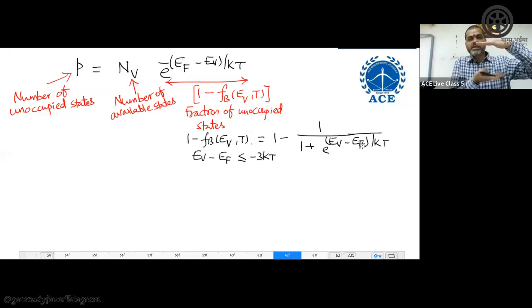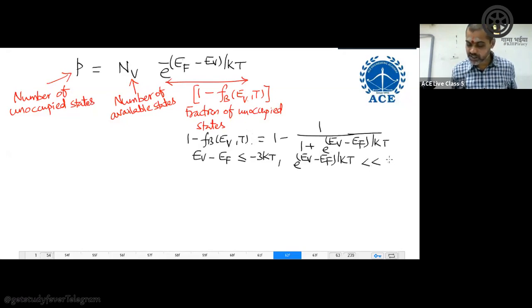Below that I am having EV. So EF minus EV will become negative. So that condition is satisfied. If that is the case, what is the term that I can write now? This term, e power EV minus EF divided by KT, is much less than 1. Am I correct? Yes.